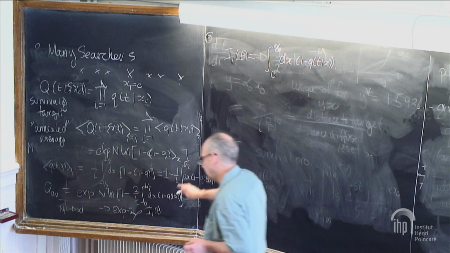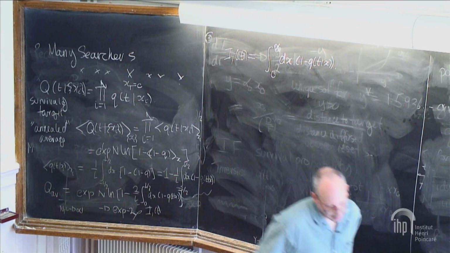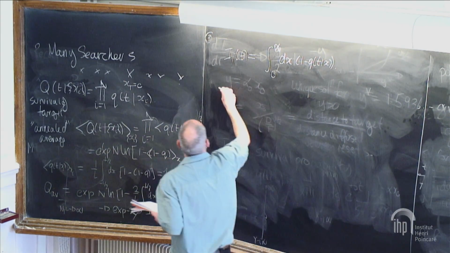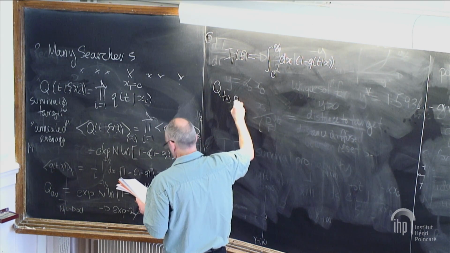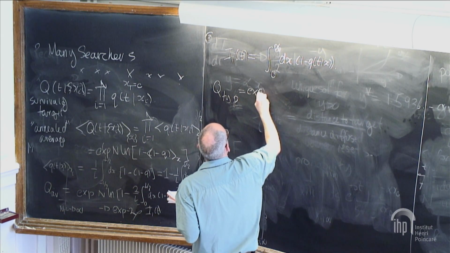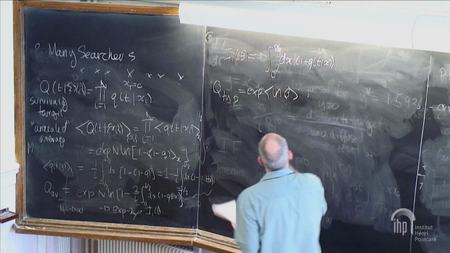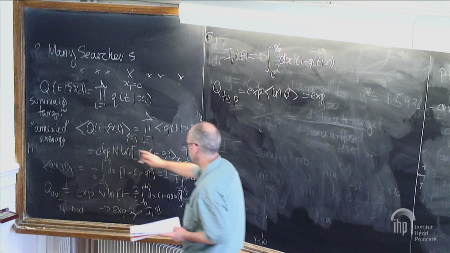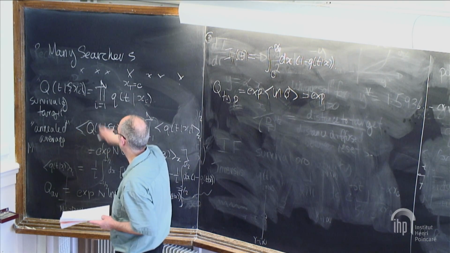Okay, then the second average is the quenched average. Remember, then I want to average log. And remember, the quenched average gives me the typical value of Q, and then this will be exponential the average log Q. If I take the log of this, I'm going to get a sum of terms.